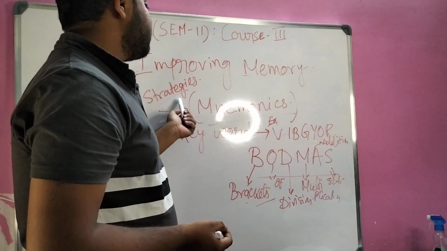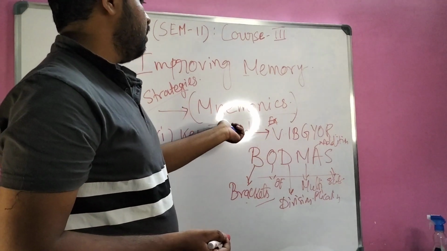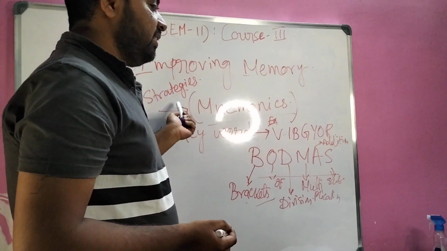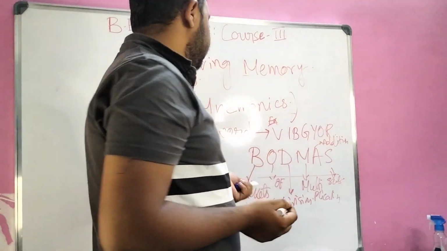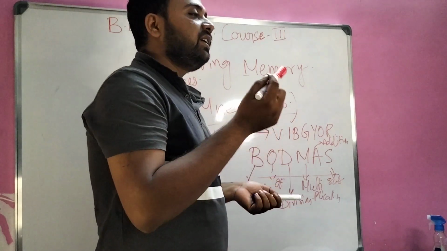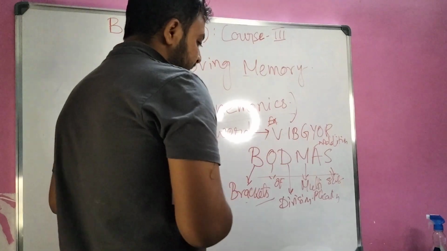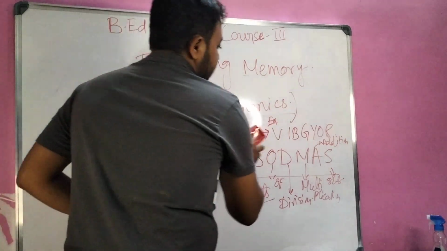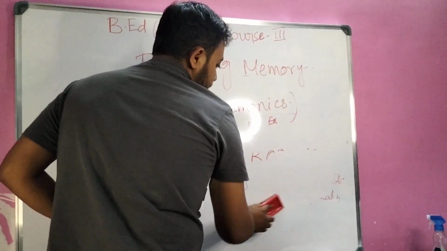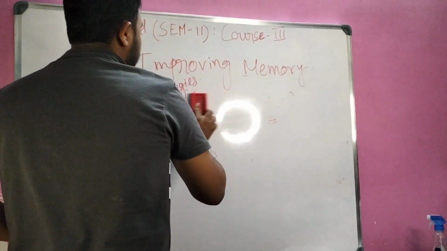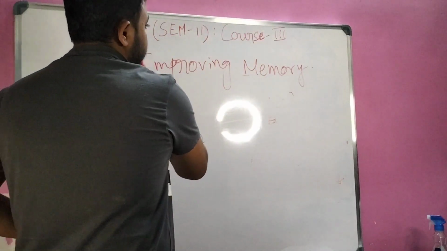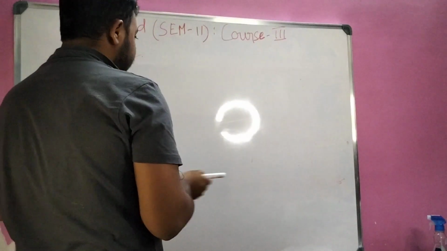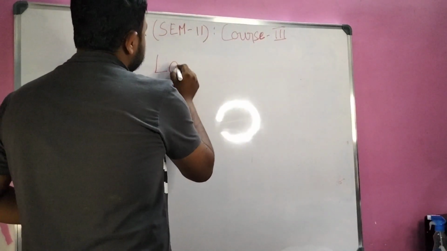So the first strategy called mnemonics is keyword. Among all strategies, we discuss a few here. The first strategy is keyword. We come to the second strategy, that is the Locus method, or Loki method. The second method of mnemonics is called the Loki method.